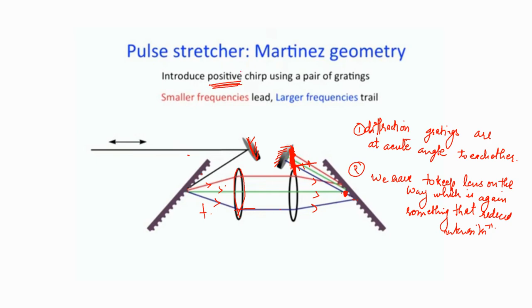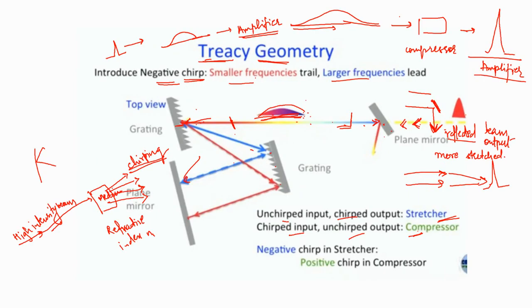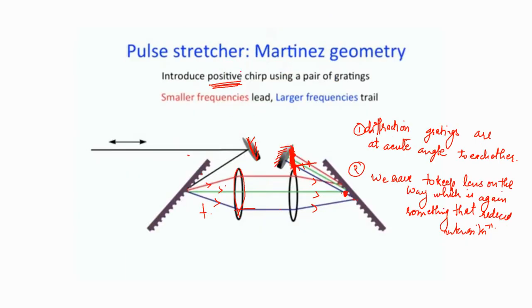So using this pair of gratings, we can introduce a positive chirp. What is a positive chirp? A positive chirp is when the smaller frequencies lead and the larger frequencies trail, or the larger frequencies are behind while the smaller frequencies are ahead. Okay, so this is the case.